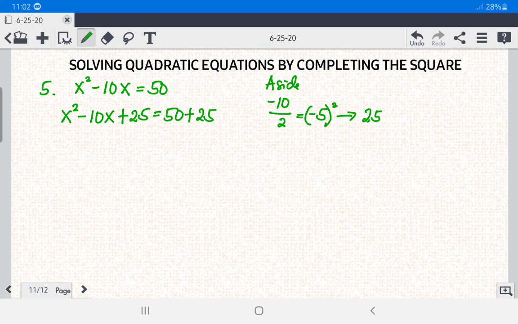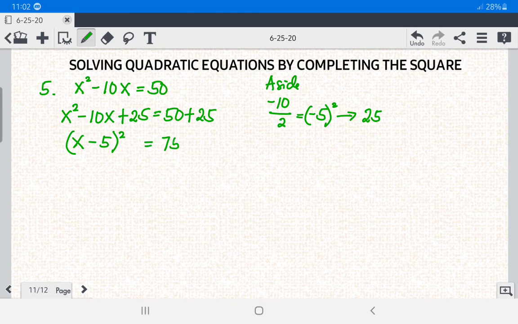The next is, this is a perfect square trinomial already, so we're going to write that as a square of a binomial. The square root of x squared is x, minus the square root of 25, which is 5, then squared, equals 50 plus 25. This is 75.